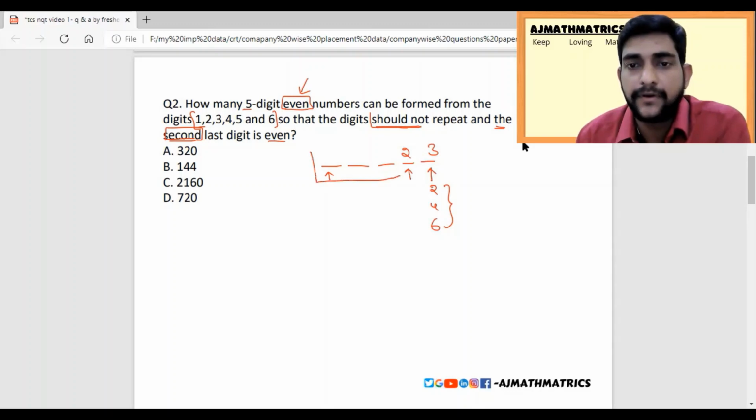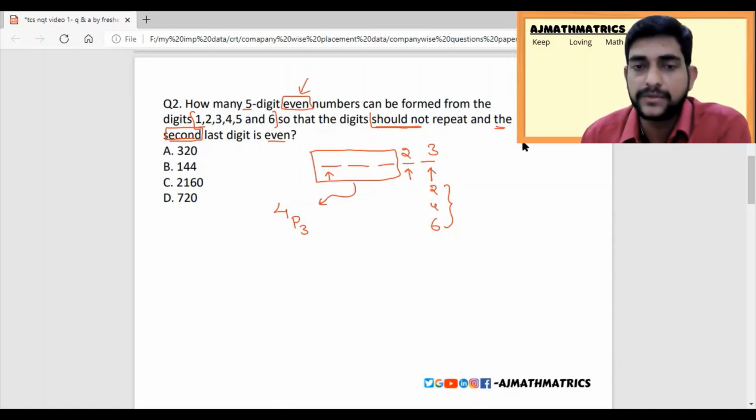Other than that, we don't have any conditions for these 3 places, and we are left with 4 digits because we used 2 digits here. Out of 6 digits we used 2 digits, which means we are left with 4. So this is 4P3, that is permutation. When the digits are not repeated, we can use the formula 4P3, and 4P3 is 4 factorial by (4 minus 3) factorial, which equals 24.